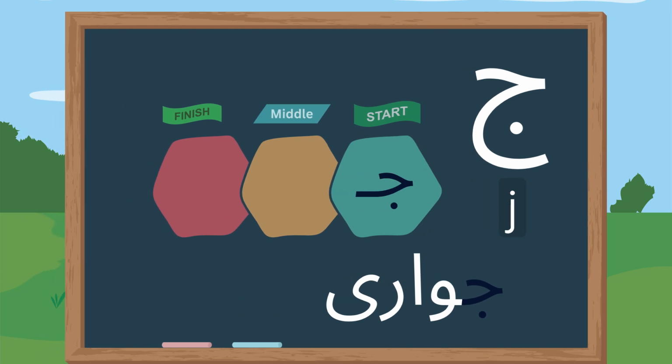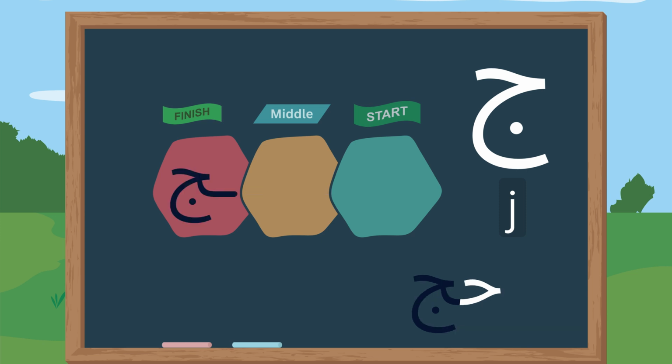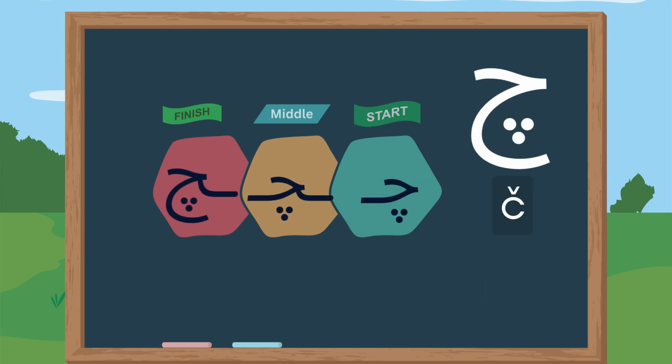Here is how the letter Jim looks like in different places of a word. The next similar letters follow the same rule.